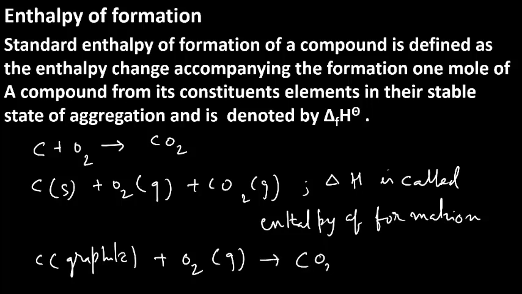We get carbon dioxide gas, and here the enthalpy change is minus 393.5 kilojoule per mole. So in this reaction, carbon dioxide is obtained from its constituent elements. Therefore, the enthalpy of formation of carbon dioxide is minus 393.5 kilojoule per mole.